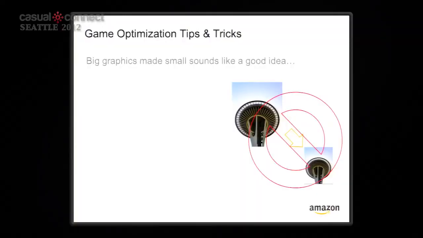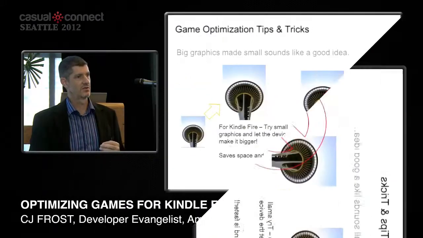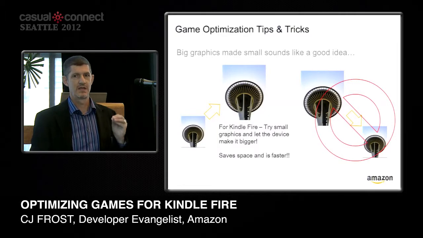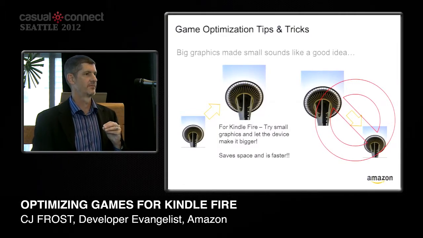but our GPU actually makes it a better idea to scale up. What we've seen is that on the Kindle Fire, our GPU can take images as small as 64 by 64 and scale them up to the size of the screen with full clarity.